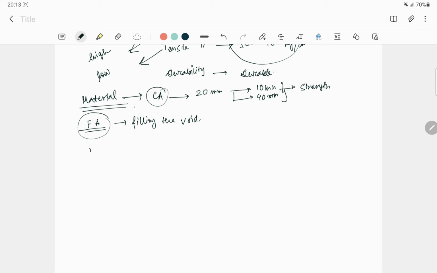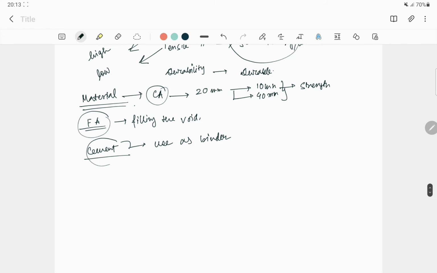Then we need a binding material. The binding material is cement, used as a binder. It may be PPC, PSC, or OPC.